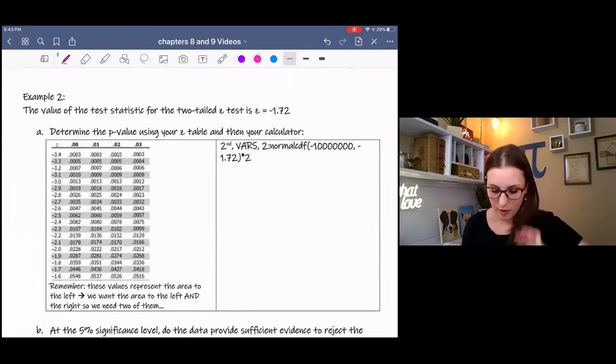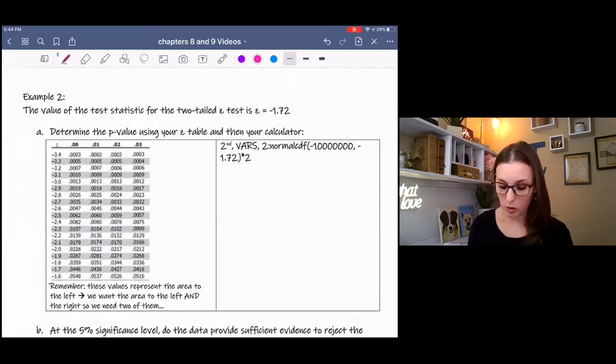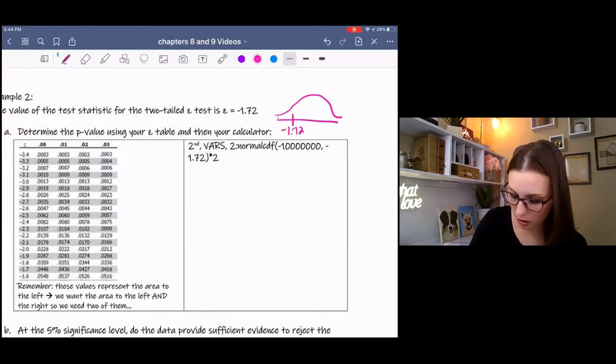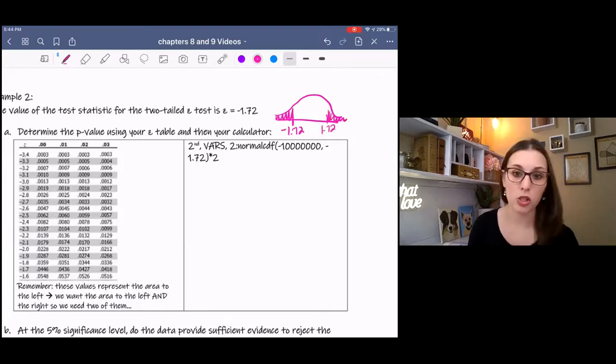All right, the value of the test statistic for a two-tailed z-test is negative 1.72. Now remember, if it's two-tailed, then we have negative 1.72 over here, rejection region, and positive 1.72 over here, rejection region.